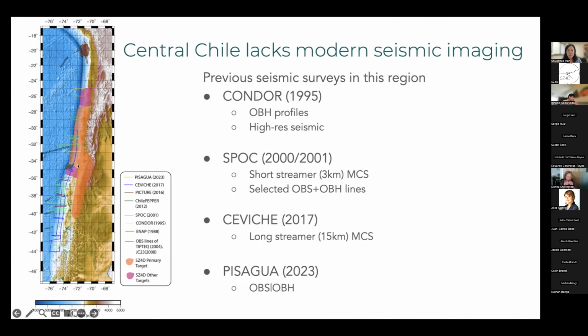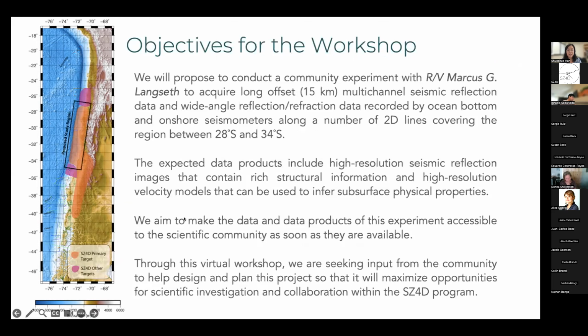And most of the data were acquired by shorter streamers, like 3 kilometers or less, that significantly limited imaging capability for deep structure. So that is the motivation to collect modern seismic imaging data in order to better understand the subsurface structure and properties of this part of the margin.